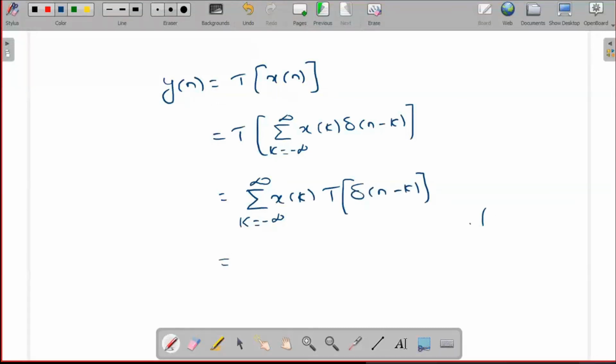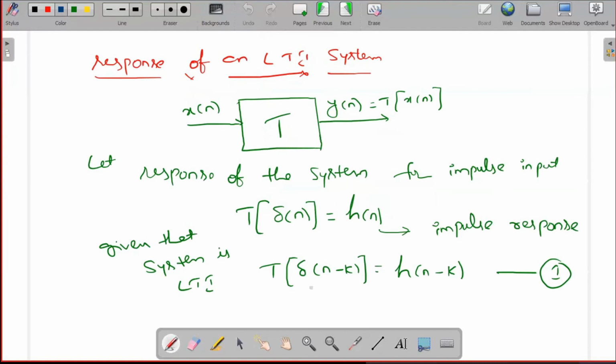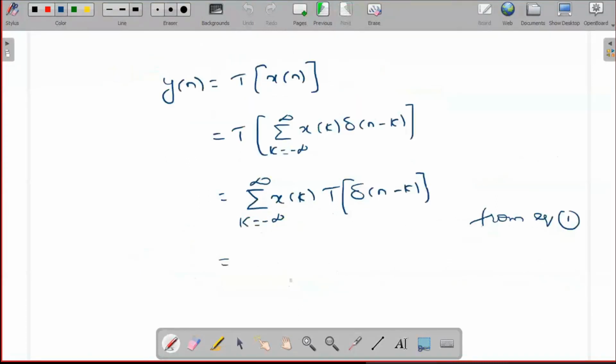Now from equation 1, what is T of delta of n minus k? T of delta of n minus k is h of n minus k. So, summation k from minus infinity to plus infinity x of k h of n minus k. This is the response of an LTI system.